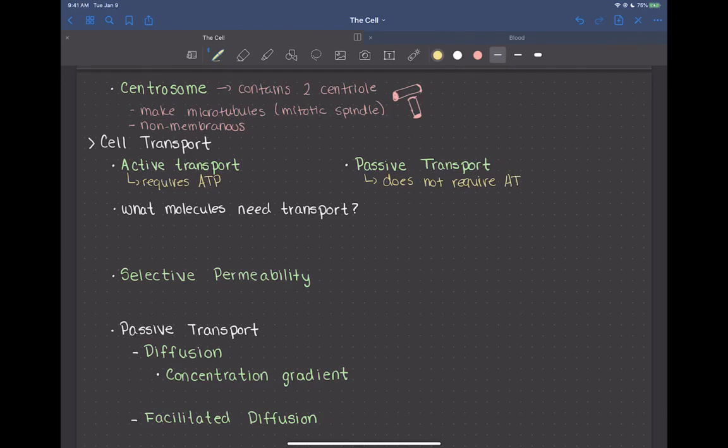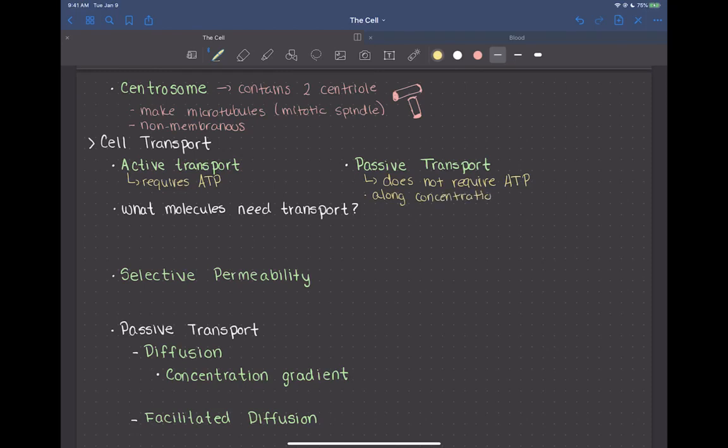Okay, and so the reason for that is that in passive transport, molecules are going to move along their concentration gradient.